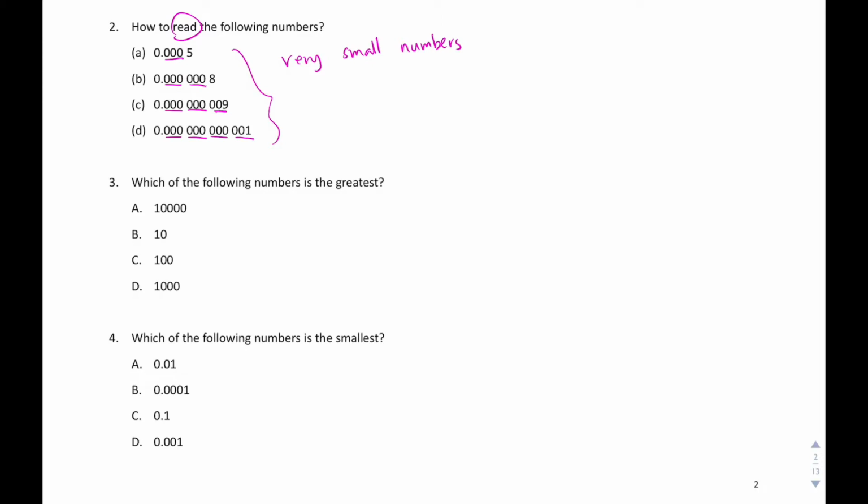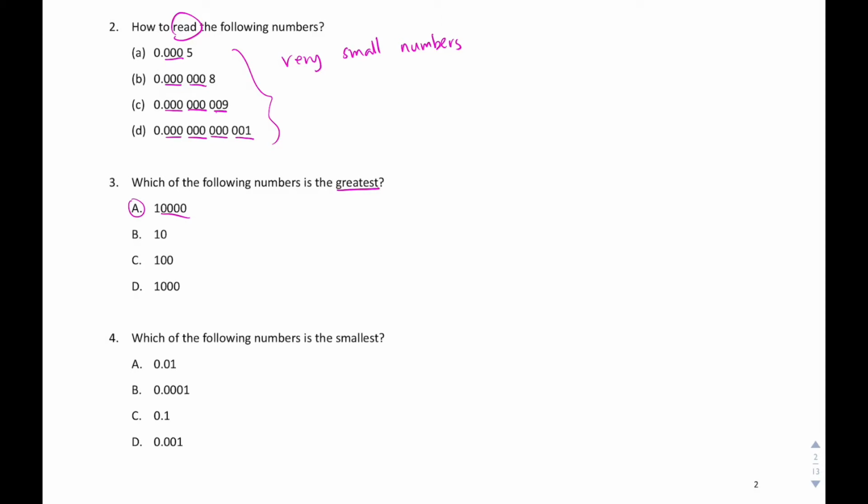Question 3. Here, we have 4 numbers. Can you tell which is the greatest by the very first glance? Okay, of course, here you can find this one with more zero. This is the greatest. The answer is A. For question 4, there are 4 numbers.